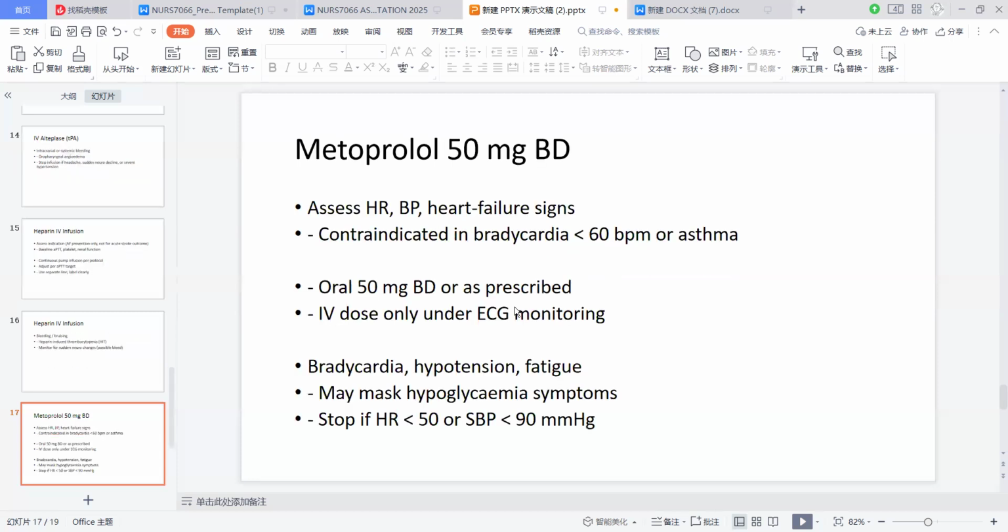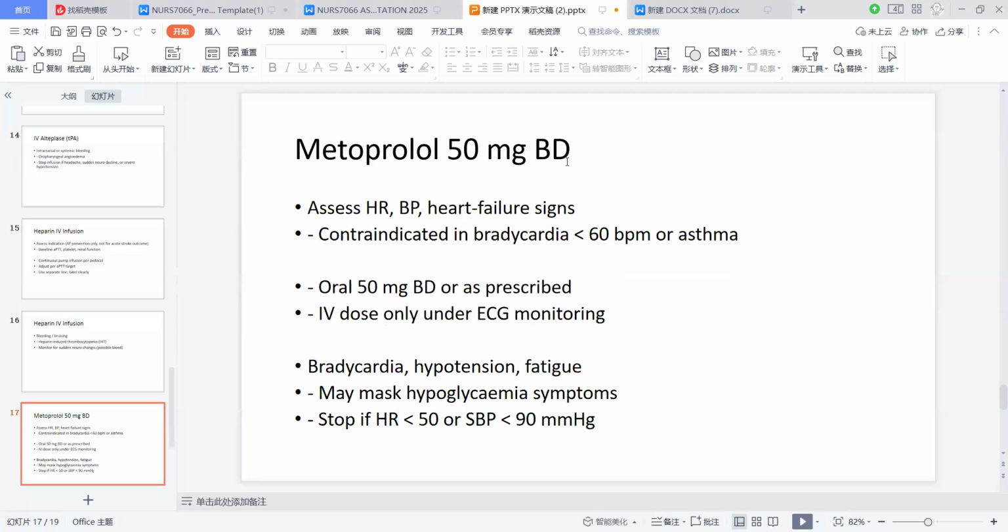The final thing is metoprolol, 5 milligrams IV. Metoprolol controls the ventricular rate in AF patients. Assess baseline heart rate, blood pressure, and signs of heart failure before administration. The usual oral dose is 50 milligrams twice daily. If given intravenously, ECG monitoring is also very important.